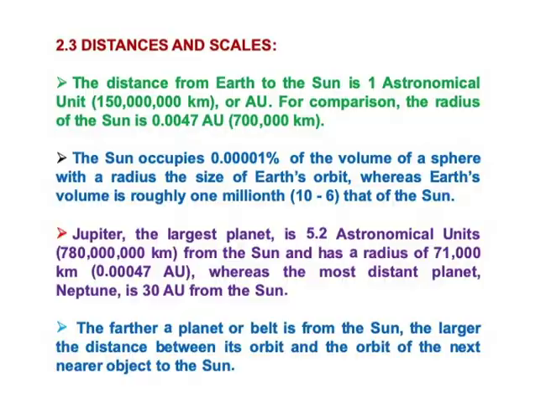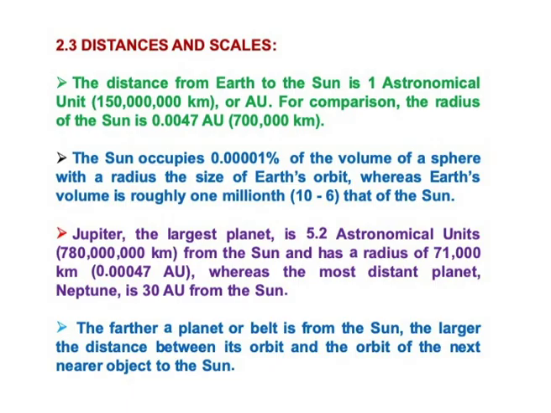Next, Jupiter is the largest planet. What about its astronomical unit? It is at 5.2 astronomical units, whereas previously our Earth was 1 astronomical unit.